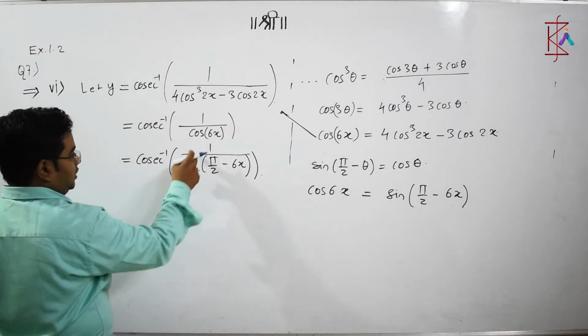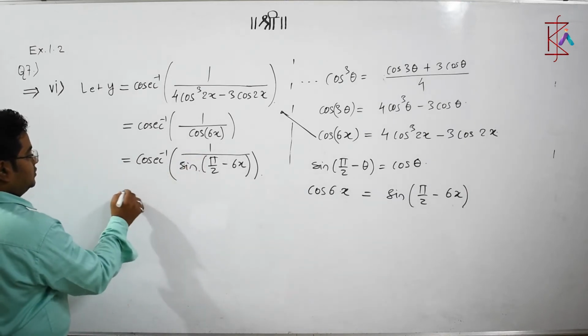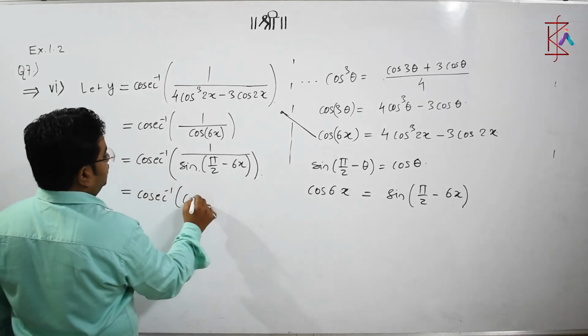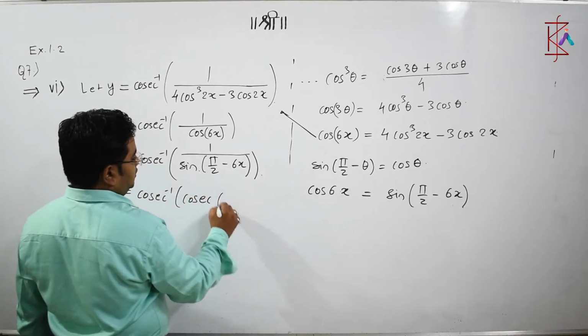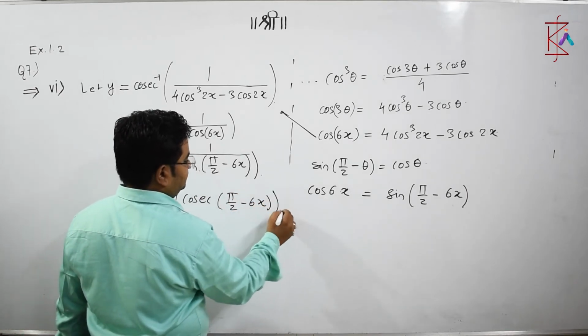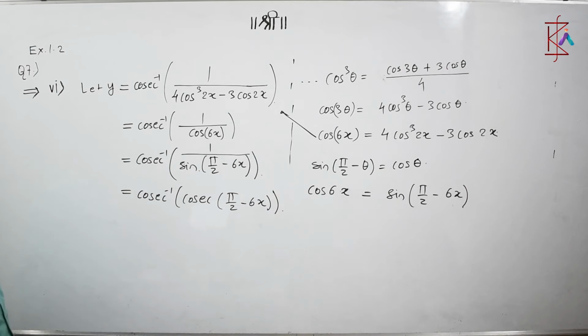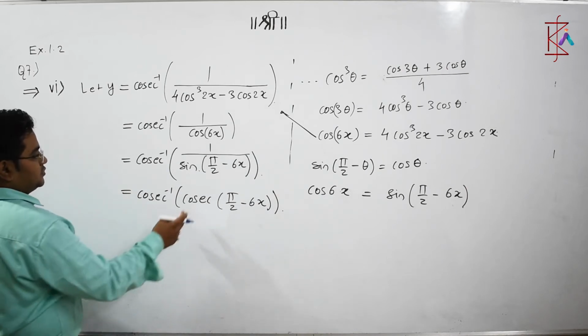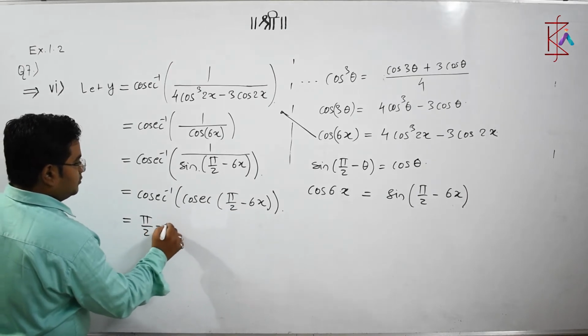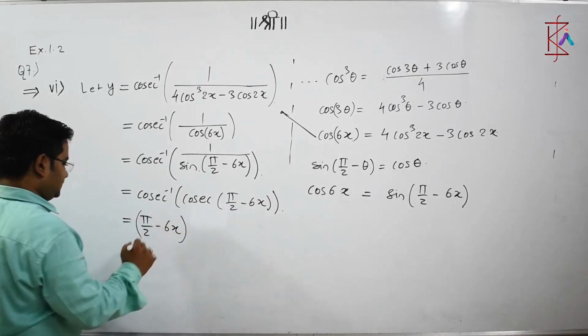So this 1 upon sine indicates what? Cosec. So cosec inverse of cosec pi by 2 minus 6x. Good. Now next step, these cosecs will get cancelled, remains what? Pi by 2 minus 6x.